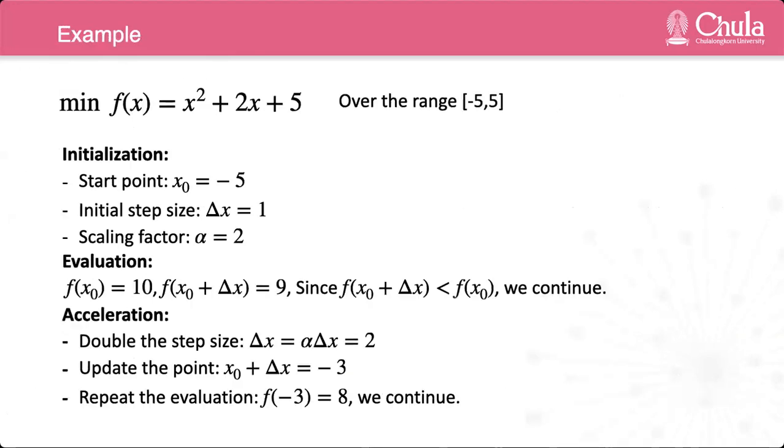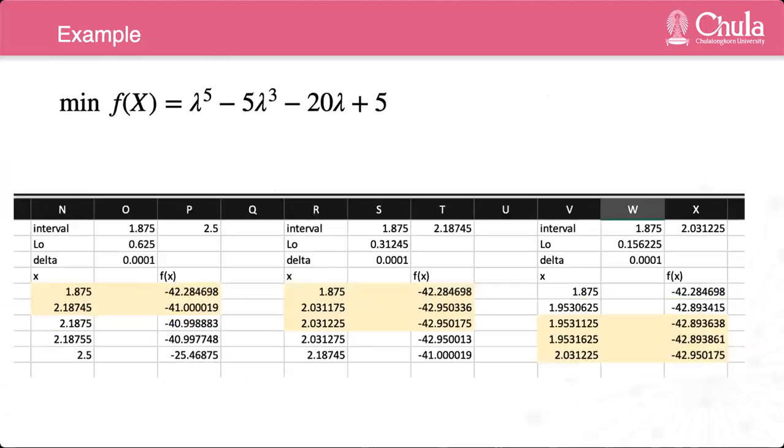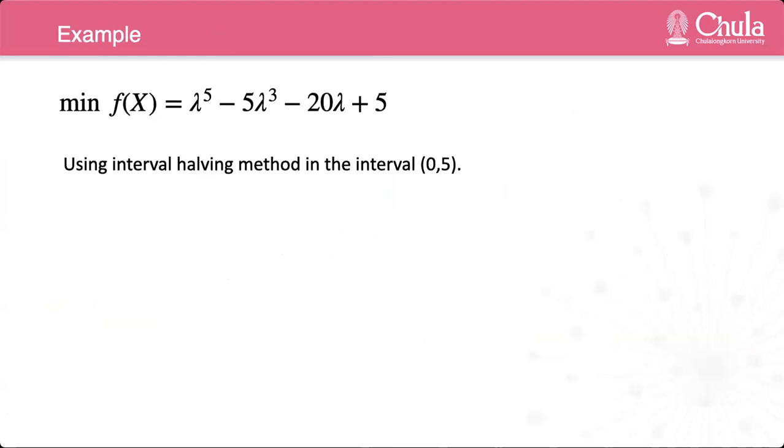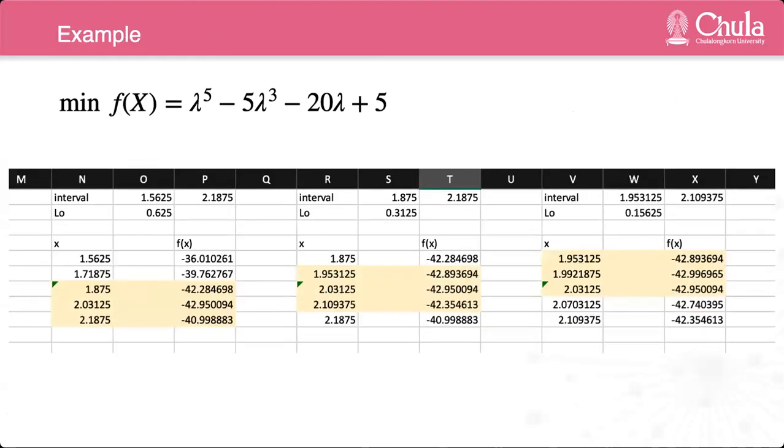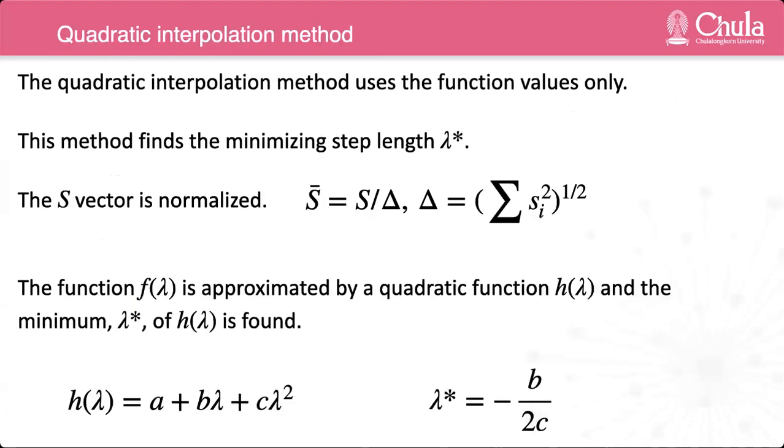We start from the simplest one, the quadratic interpolation method. The idea is once we have an initial point, we can approximate the shape of the objective function as a quadratic function.